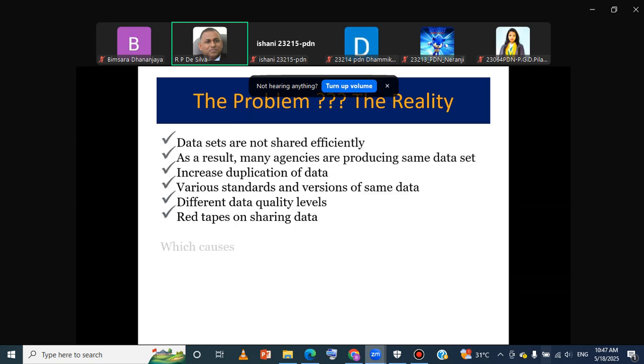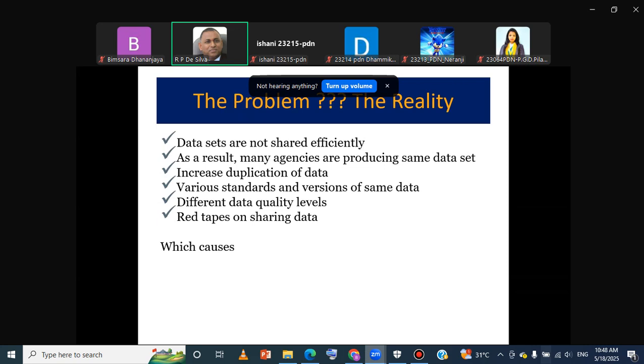So what are the problems? The data sets are not shared efficiently. We don't have a mechanism to share the data efficiently, which prevents other people using this data. That's the reality. Without the proper infrastructure built in to share data, we don't have a good data sharing mechanism.